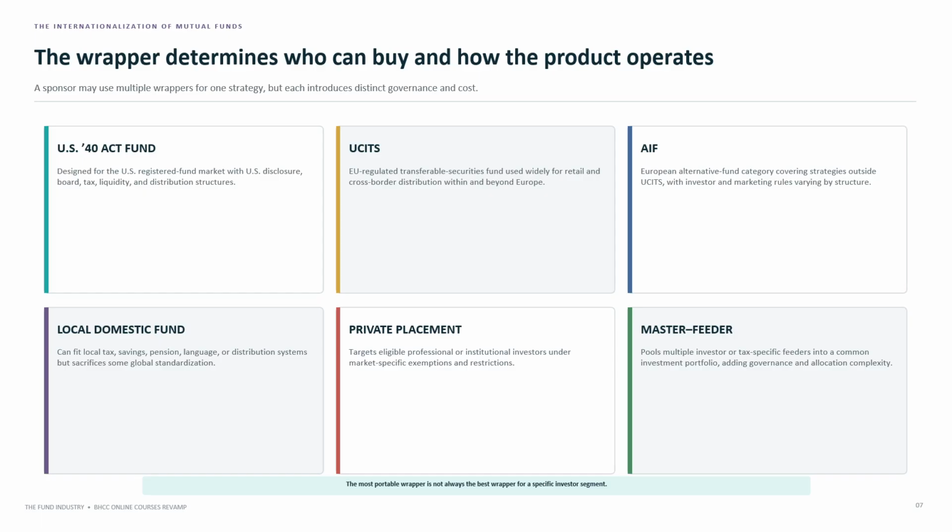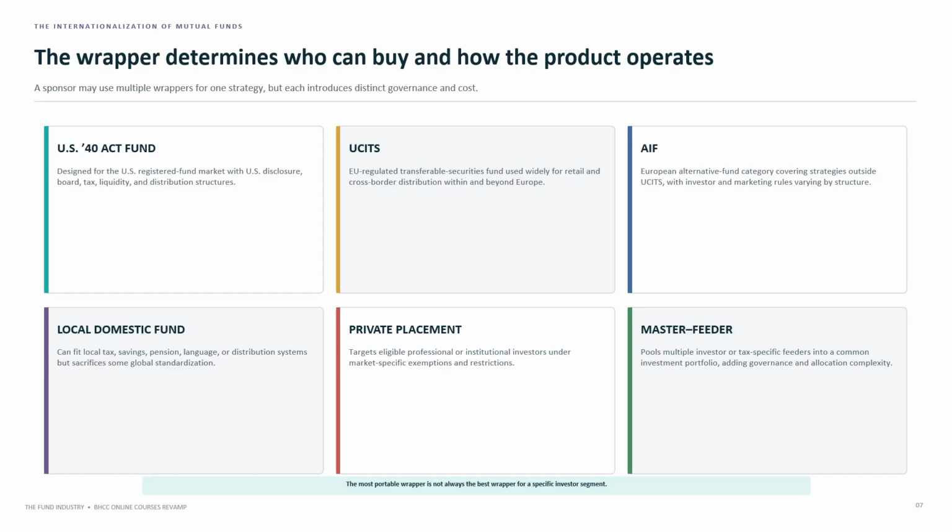A UCITS fund is an EU-regulated transferable securities vehicle used widely for retail and cross-border distribution within Europe and in many markets beyond it. An AIF covers European alternative fund structures outside the UCITS framework with investor and marketing rules that vary by structure and jurisdiction.